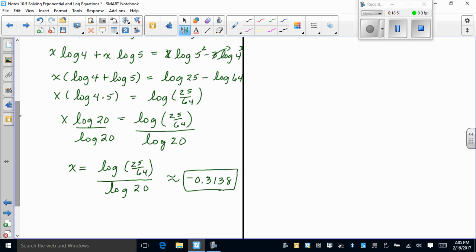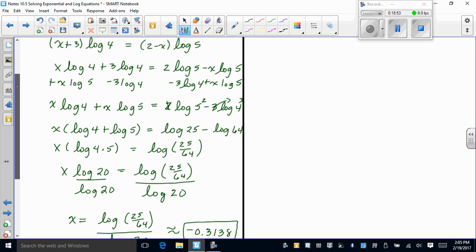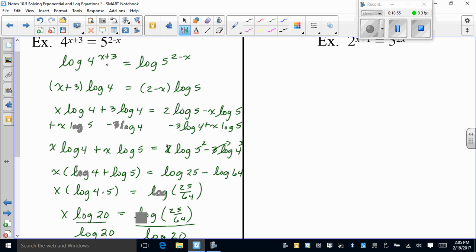So log both sides, bring down the power rules, distribute, that's a basic algebra problem. Then we moved all of the x's to one side, all the constants to the other, just like you would in algebra, just that these have logs on them.